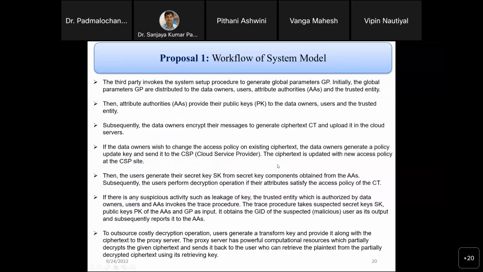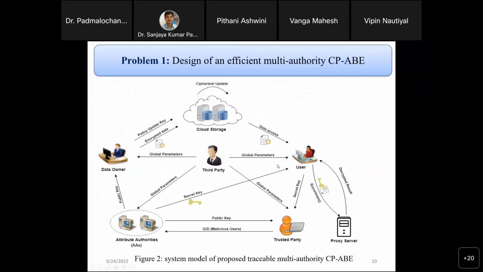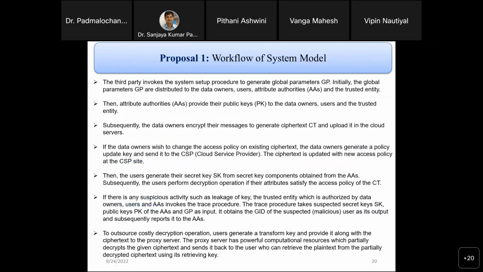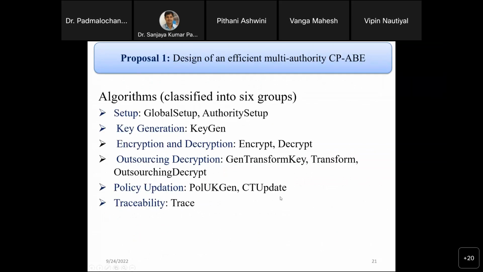So there is a transform key procedure which is shared, and that is used for decryption purposes in the proxy server. Policy updation is already mentioned. There is a separate procedure for policy updation. The ciphertext update, CT update procedure, is also there, which is part of incorporating changes in policies. These two procedures are used in the policy updation process.